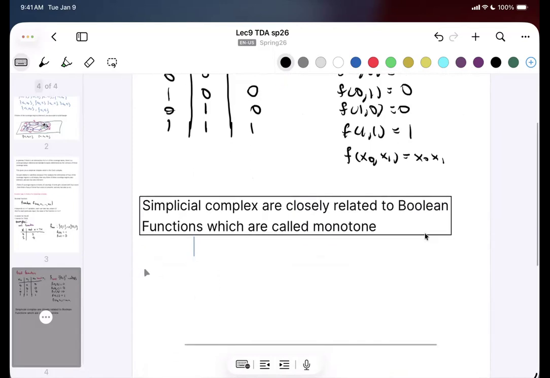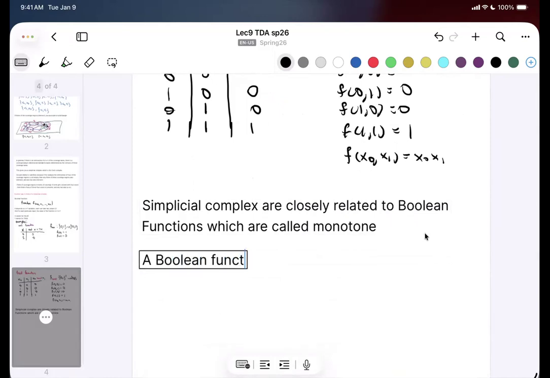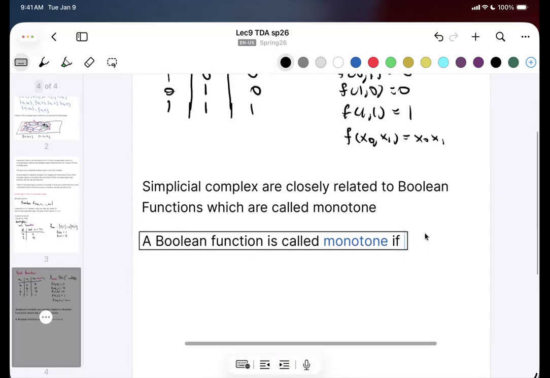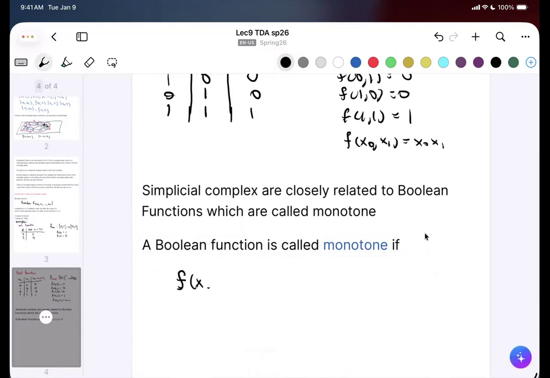So a Boolean function is called monotone if, let me write it this way, if f... So let's say you have a Boolean function that's being evaluated on two inputs.